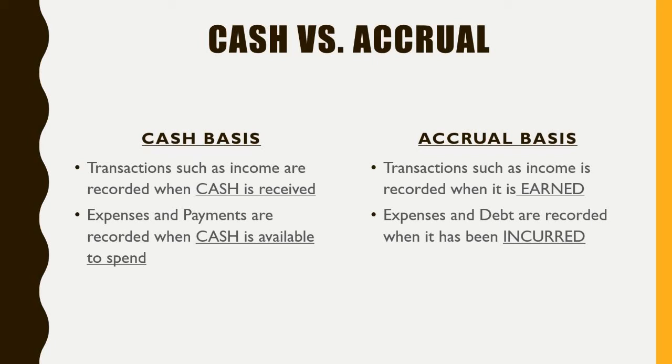So in this case, revenues are only recorded when cash is received, so then they have the sufficient funds to go ahead and make those purchases to buy the stuff to go ahead and create more products in order to sell more goods.